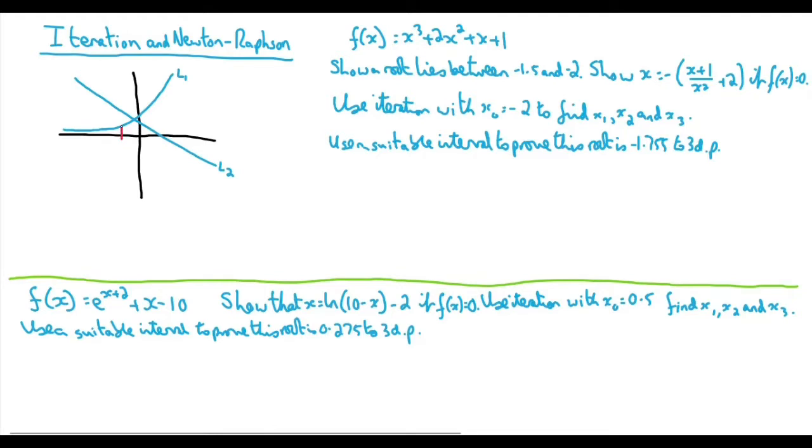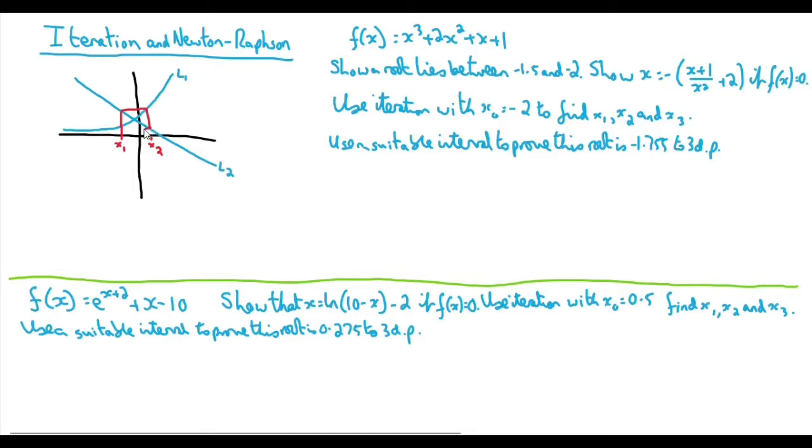Now from this point we would essentially be going up to the next line and then take that across until you hit the original line again. From here we would go down to this line here, where that would then be your x2 if that was x1.